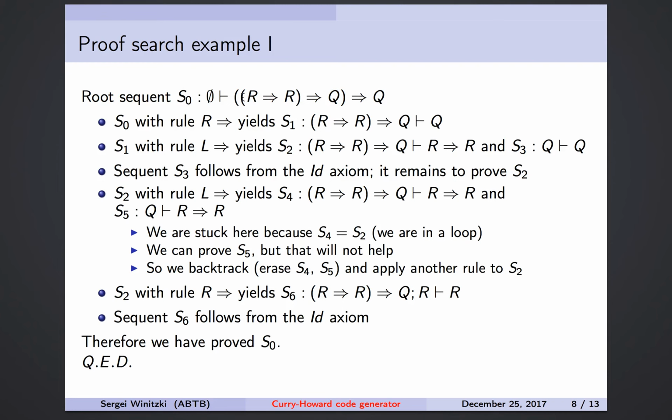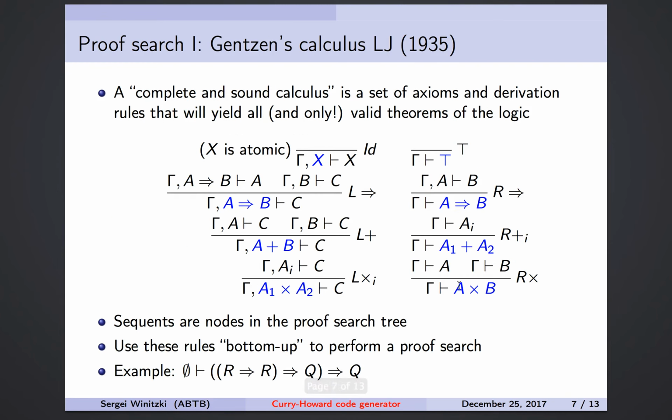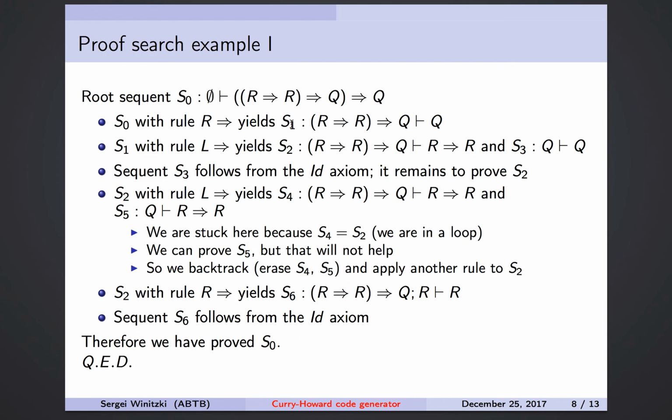So the implication has the first part and the second part. And the rule says, if you want to prove that, you first have to prove this. So you put A on the left-hand side and B stays on the right-hand side. So that gives us a sequent S1, which now looks like this. It has a premise, which was this one. It got to the left-hand side, and the goal stays here.